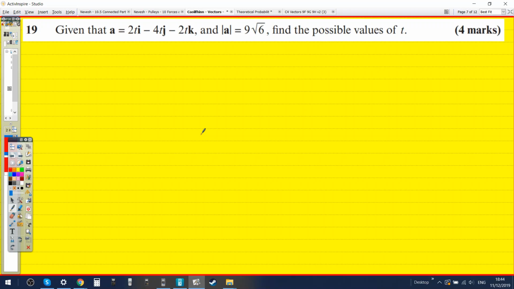So 9 root 6 equals 2t squared plus minus 4t squared plus minus 2t squared.